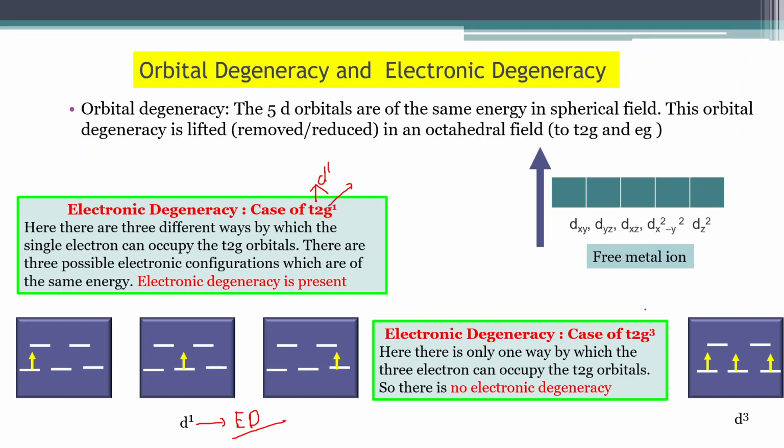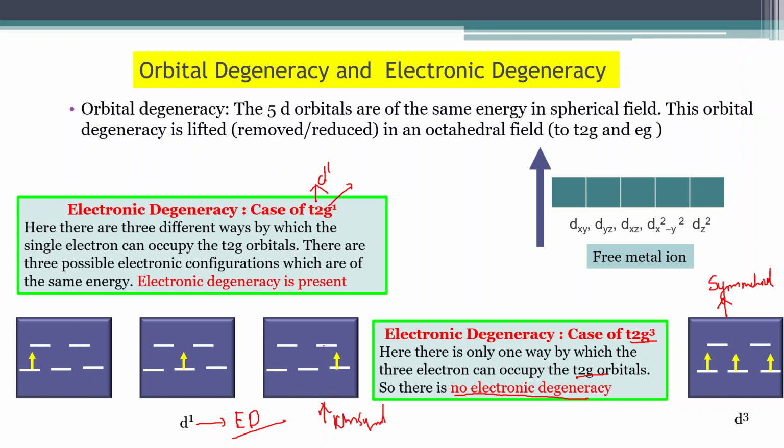Please remember that. And when we consider the t2g3 configuration, we can see there is only one way of arranging the three electrons in the t2g state. There is only one way by which the three electrons can occupy the t2g orbitals, and we can say it has no electronic degeneracy. Or we can say that this is a symmetrical system. The electrons are arranged in a symmetrical way, whereas in the previous case the electrons are arranged in an unsymmetrical manner.